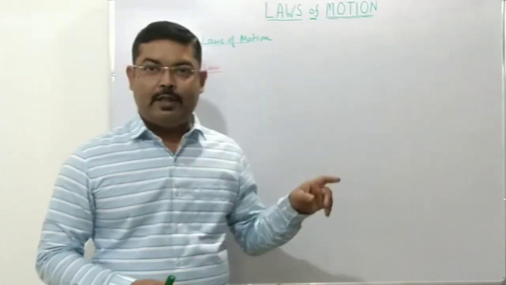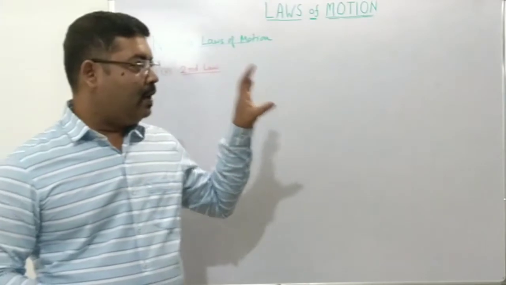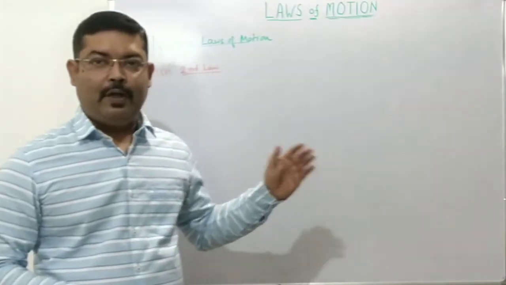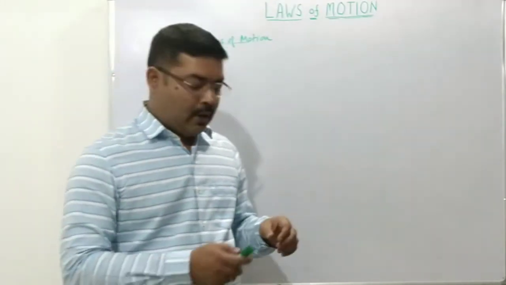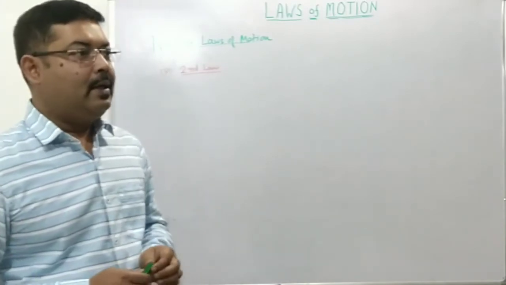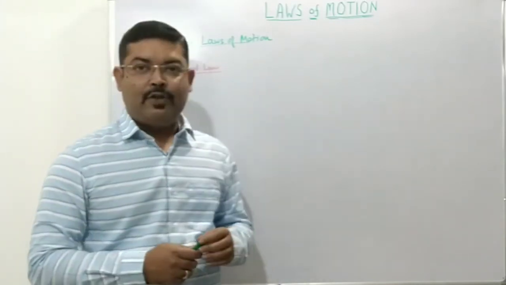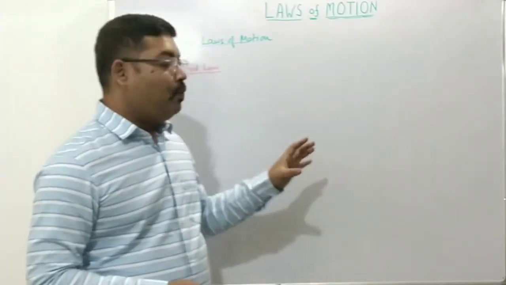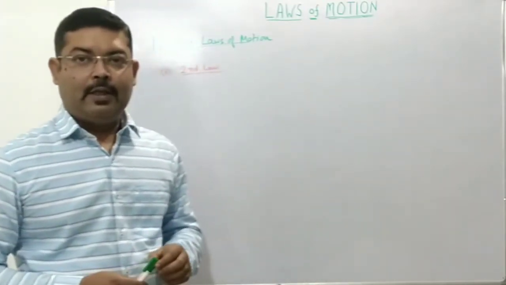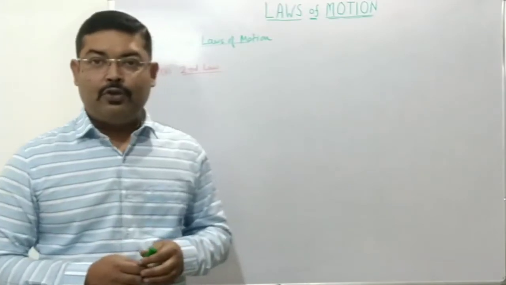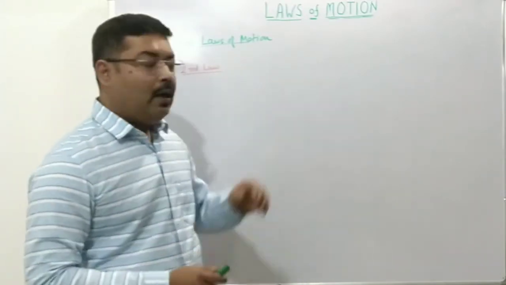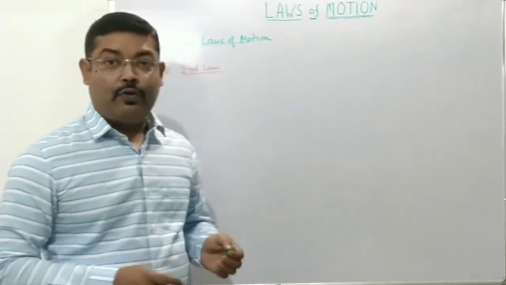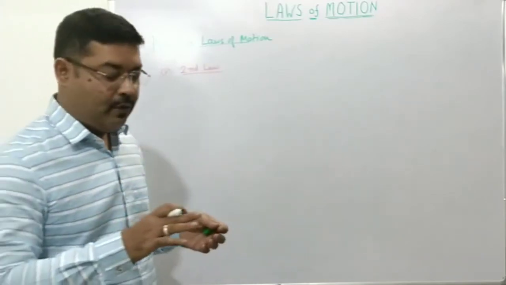If the velocity changes, even if the mass is constant, it means a change of momentum. So he found that the external force changes the momentum, and the rate at which it changes is directly proportional to the magnitude of the external force.